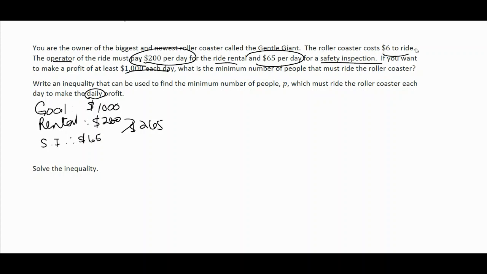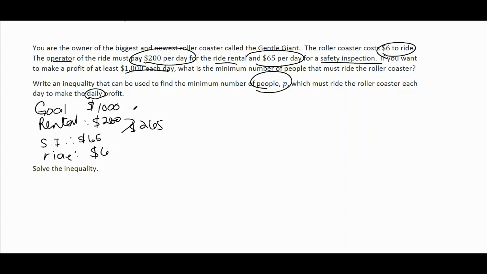And now the ride costs $6. Where are we going to associate this P, the number of people?